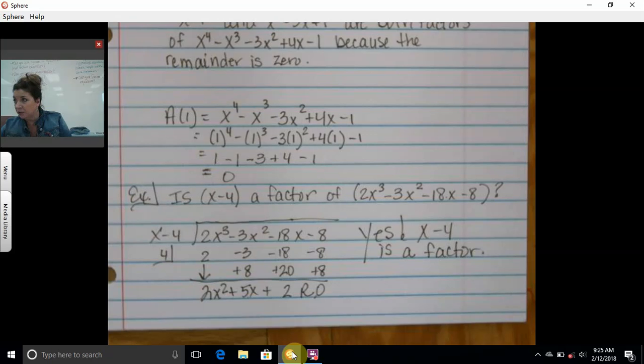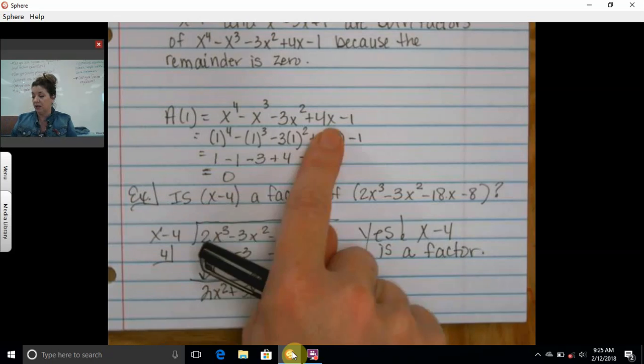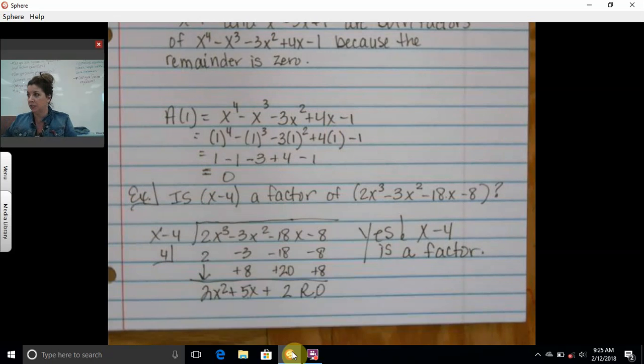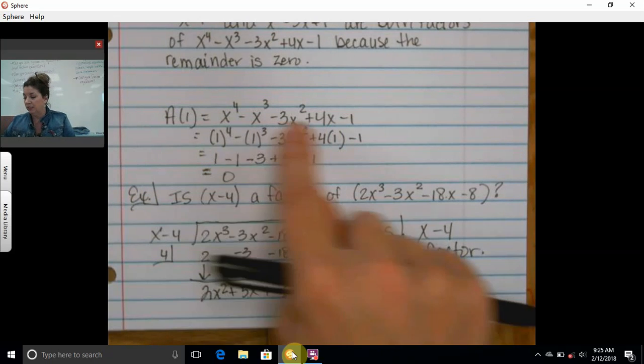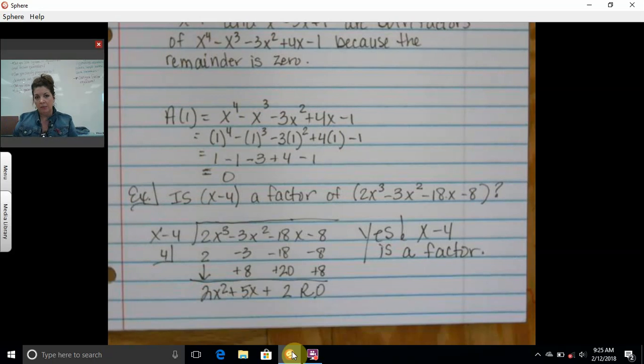No. Is it a sum of cubes? No. Is it one of those quartics that we can rewrite as a quadratic? No, well, it's a quartic, but to rewrite it as a quadratic it has to be 4 degrees, 2 degrees, 0 degrees. And we have 4, 3, 2, 1, 0. So that won't work. Can I factor by grouping? No, I can only do that with 4 terms.